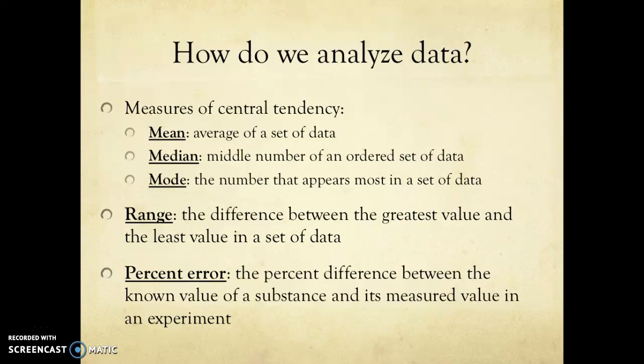Mean is the average, which we did during our bubble lab. You did 5 trials, and then you calculated an average of those trials. The median is the middle number of an ordered set of data. And the mode is the number that appears the most in a set of data.